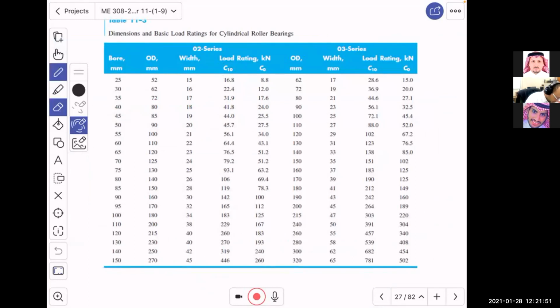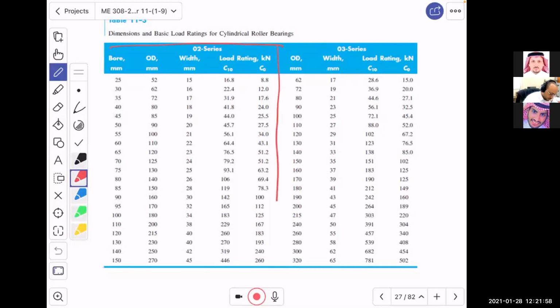So we should be in here. That's series number 2, not series number 3. Another thing, we got a C10 of 21 point something. Now, if you look here, that's a C10 of 16, and then that's a C10 of 22.4.